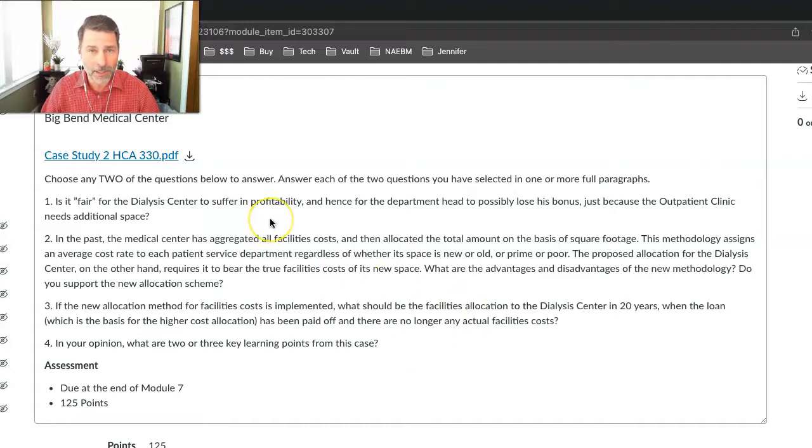In this particular case study, you get to pick 2 of the 4. Make sure that you answer in at least 1 or more full paragraphs for the question that you choose. If you choose a question, you got 4 of them to pick from here, answer it fully with a nice, robust paragraph, not 2 sentences.